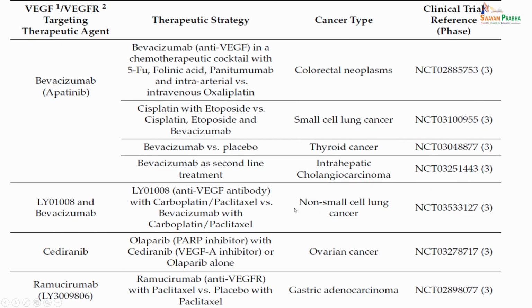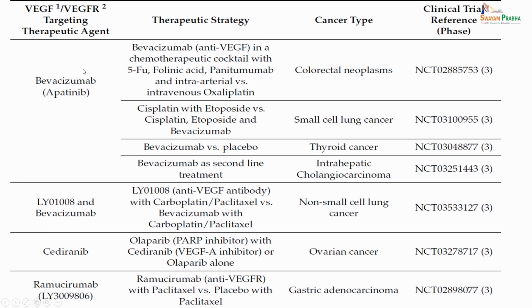Now, this particular table shows the VEGF and the VEGF-R, that is the growth factor as well as receptor targeting therapeutic agents, the therapeutic strategy which was used and the cancers in which they were useful, and this is the clinical trial reference. So, I would urge the listeners to kindly go through these clinical trials.